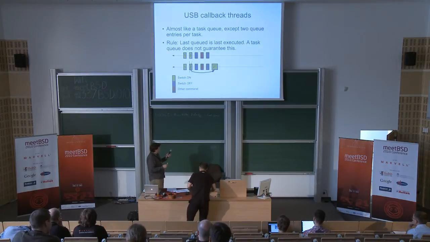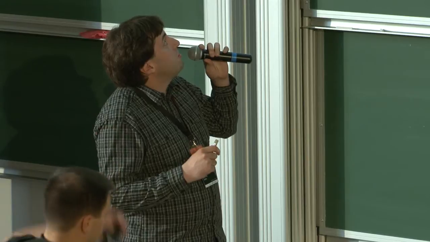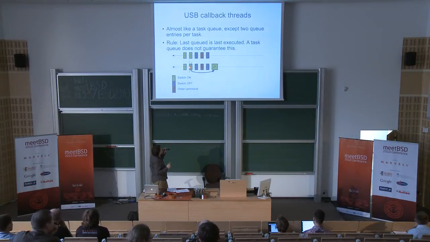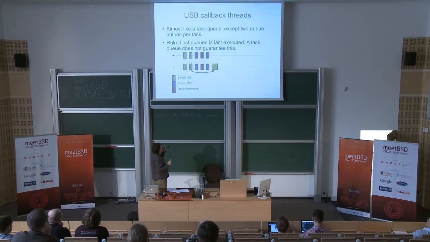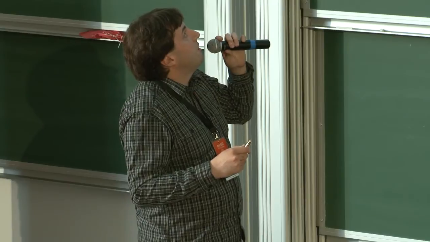So the second line shows what happens after you try to queue the switch on command again. There's some code that figures out which command was queued last, and then it takes that command and puts it at the end of the queue while keeping the first queued command in the beginning. And this ensures that the last queued command is executed last.